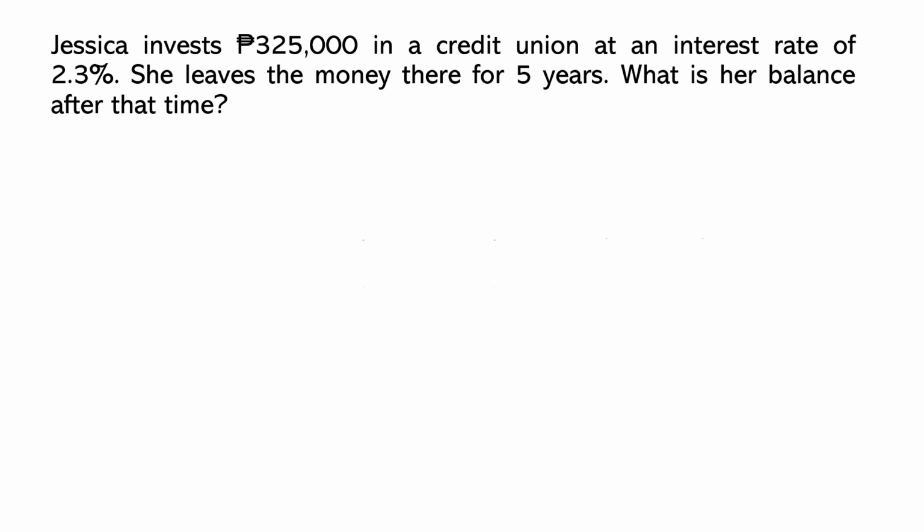So the question is what formula we're going to use to find the final amount in a simple interest problem. We use this A, which stands for the final amount, the P is the principal amount or the amount invested, R stands for the interest rate, and T is for the time, which is in years. So I'm going to substitute everything that is given.